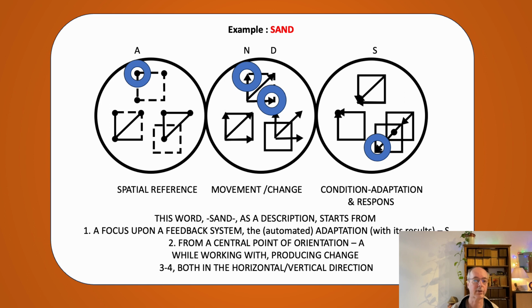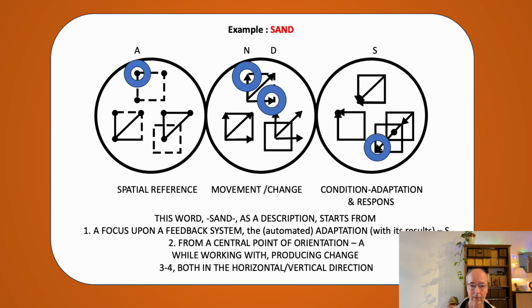So, in other words, what do we recognize here? This description we can analyze and read easily, because we have as first letter the S. So the starting point is a feedback system. It's also with an automated adaptation to its results. This is the description of the S. Nothing more.